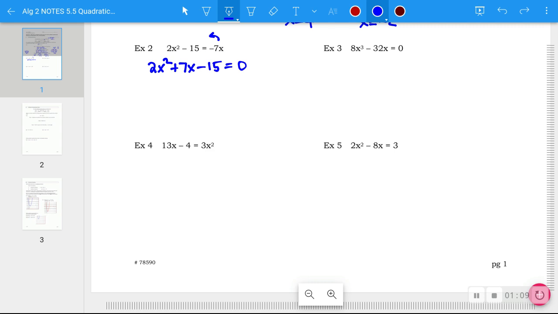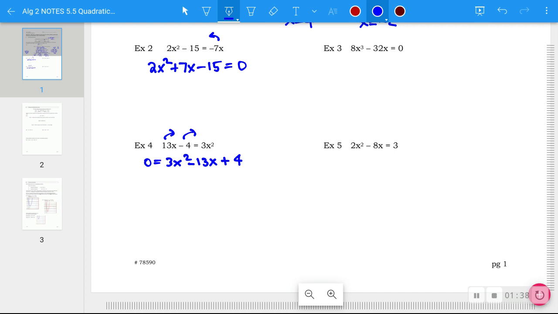Now, on example 4, what I'm going to suggest is that instead of bringing this back over to the left, which would make it a negative 3x squared, you want to take these over to the other side and keep that as a positive. So your 0 is going to be on the left-hand side, which is okay. It just makes it easier if you don't introduce a negative number at the start.